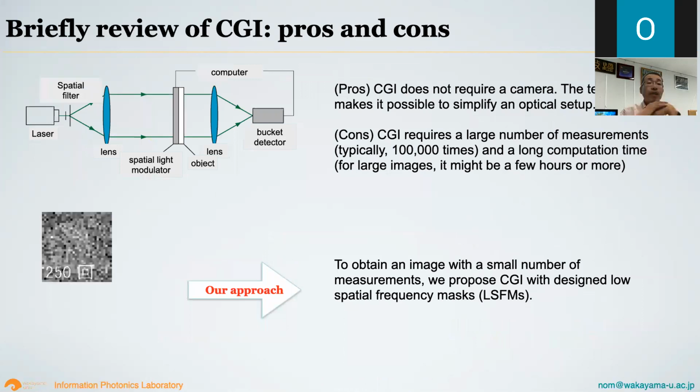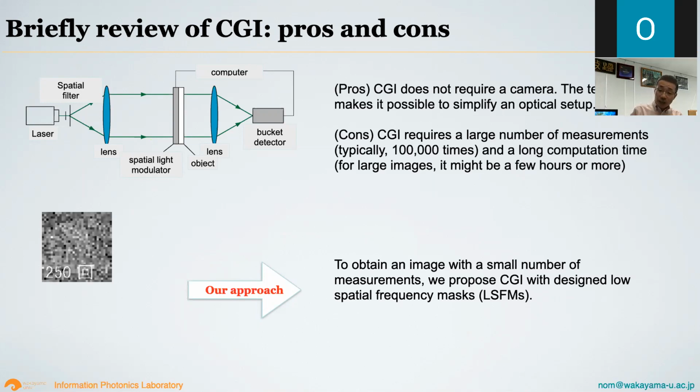So this view graph shows the pros and cons of CGI. Pros: CGI does not require a camera. The technique makes it possible to simplify an optical setup and is also useful for weak illumination. But it has cons.